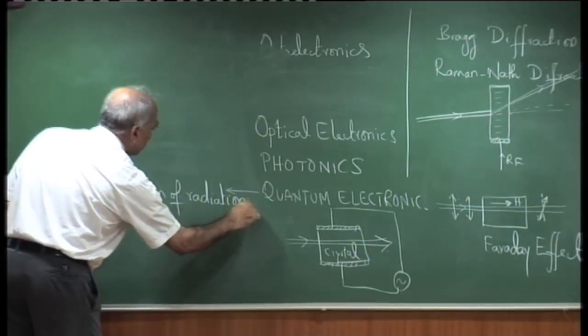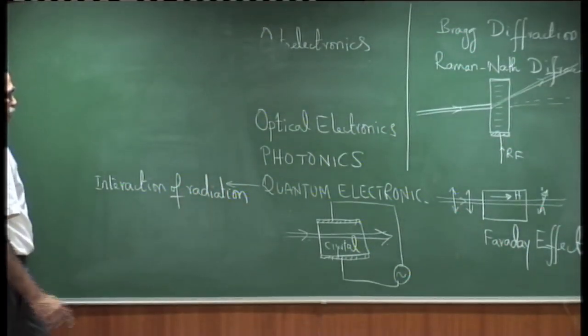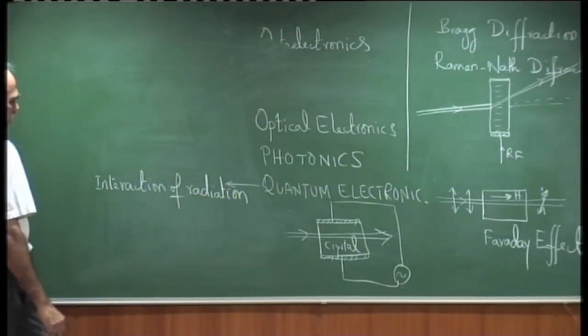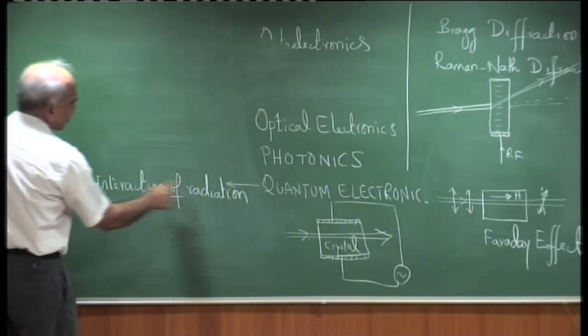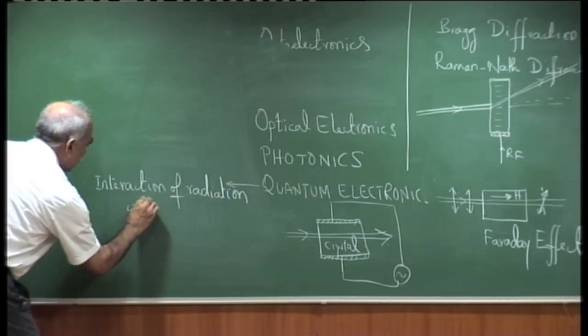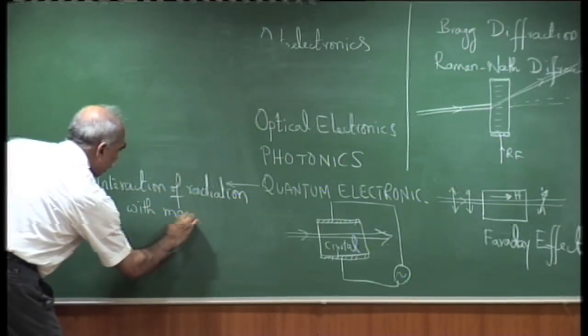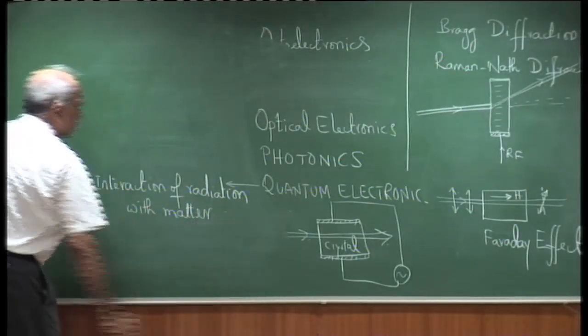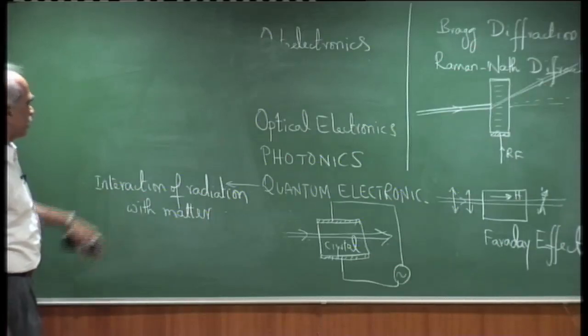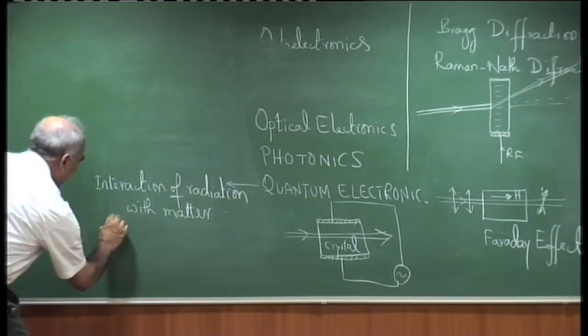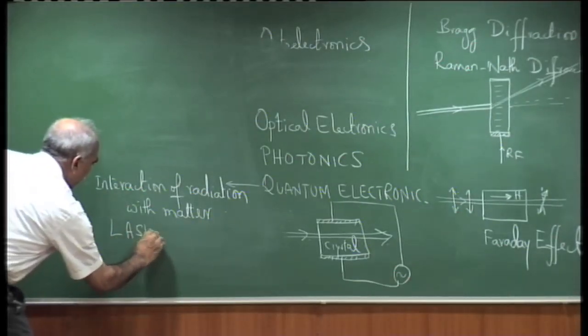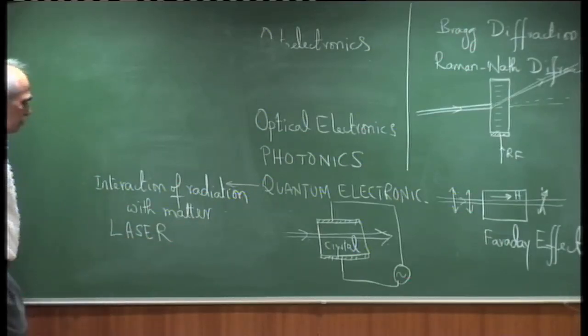Quantum electronics primarily deals with the study of devices and phenomena which involve interaction of radiation with matter. The most important quantum electronic device is a laser.